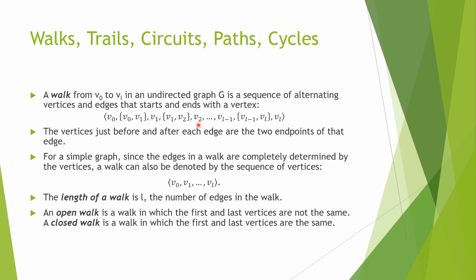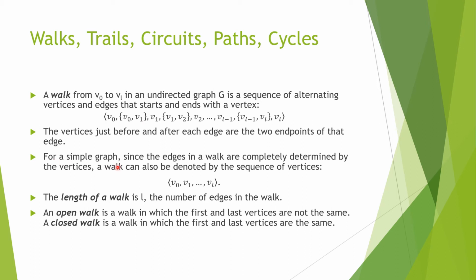Then we should have an edge, then vertex, edge, vertex, all the way to V sub L minus 1, and the edge connecting V sub L minus 1 to V sub L. And finally, we have a vertex called VL as the last vertex or destination of the walk. The vertices just before and after each edge are the two endpoints of that edge. For example, V1 and V0 are the endpoints of the edge at the middle.